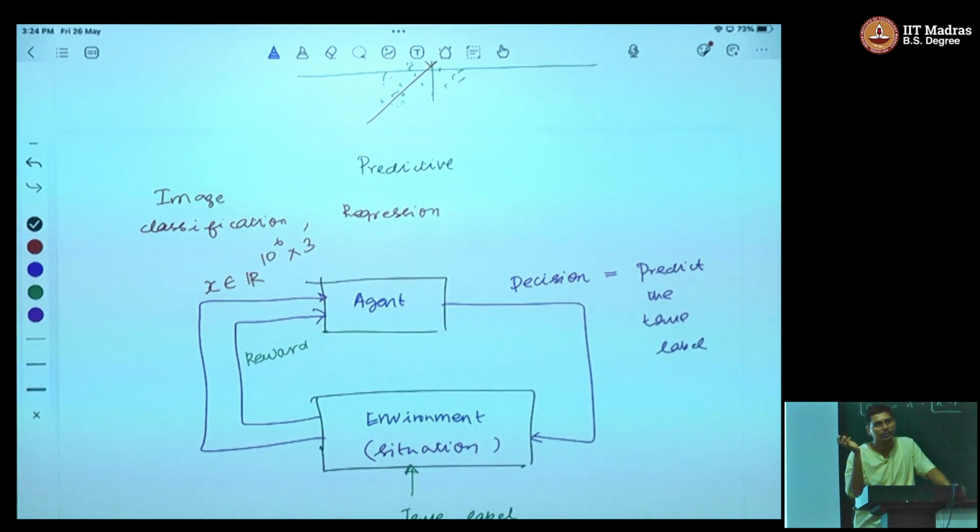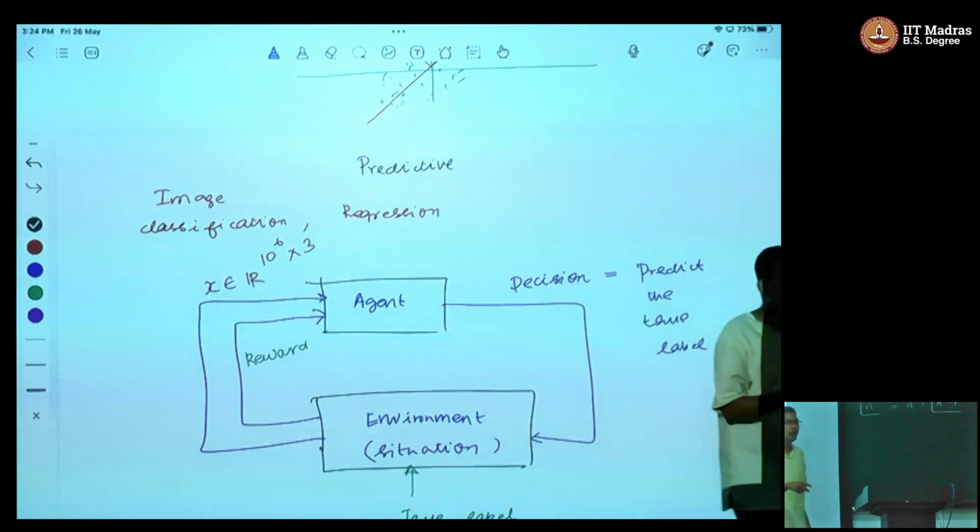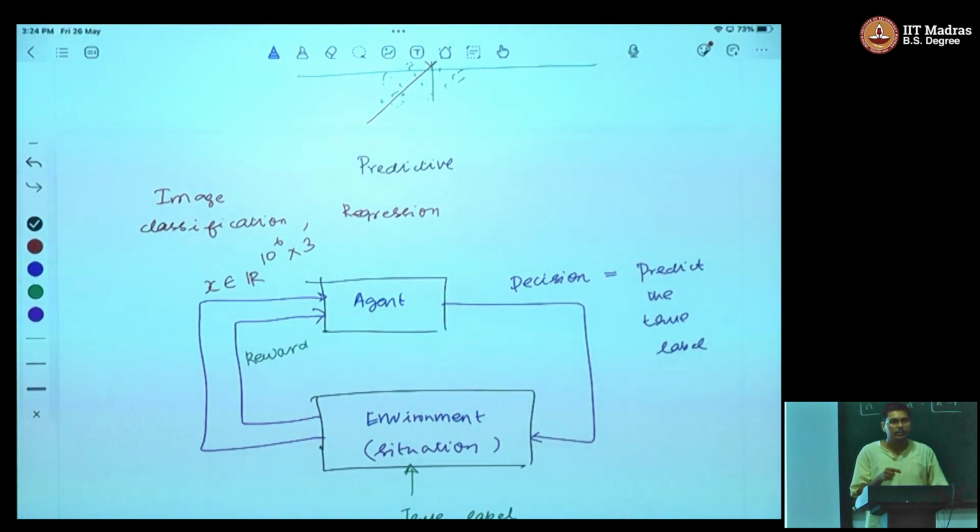You are predicting the lifetime of the patient, looking at the features, which is basically the chest X-ray image. But prescription is: take this medicine so that the situation changes. Ultimately, when you are doing a prescriptive action, the decision is going to influence the situation. In any of the prescriptive tasks, you are actually influencing the environment, right? Do this and then the situation is going to improve.